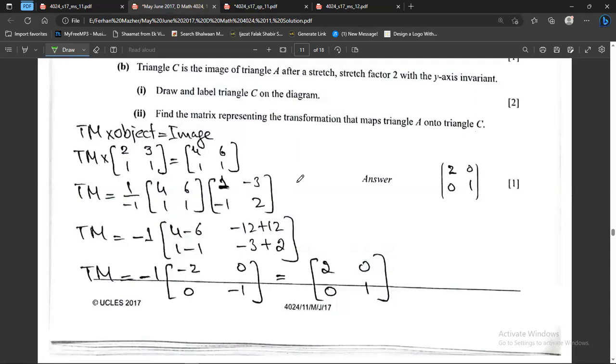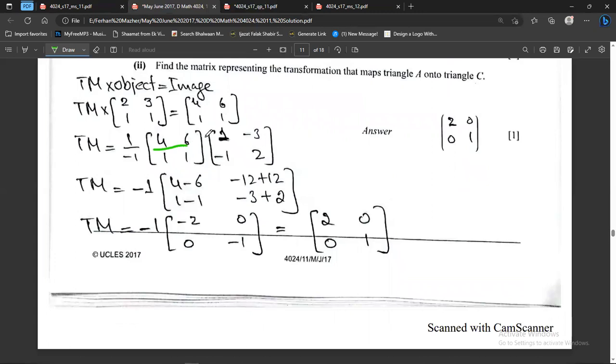When you multiply, I take the row from here and the column from here. So you will have 4 minus 6, and then -12 plus 12. Then this row multiplies with this, then with this. So it will be 1 minus 1, and -3 plus 2.